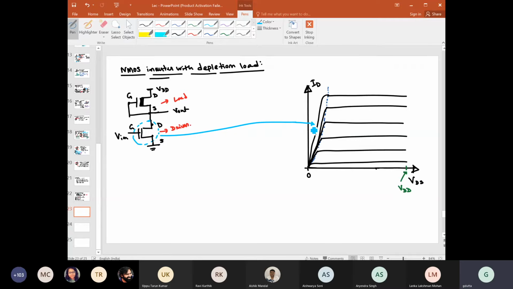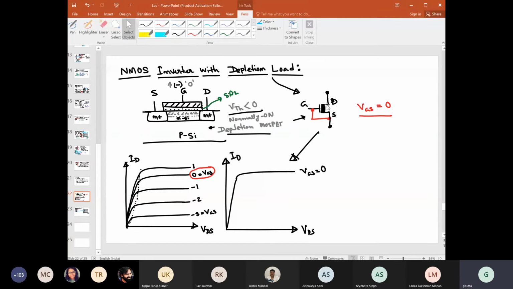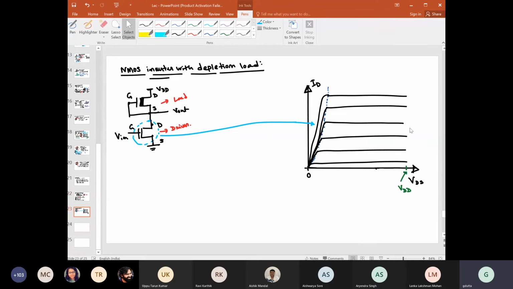right? Okay. Now, in the last page only, we have seen the voltage and current relationship for this load is like this, right? Now, how are you going to plot? You remember in the last two cases we have plotted these load lines, load curves, for this, with the driver transistor characteristics, right?